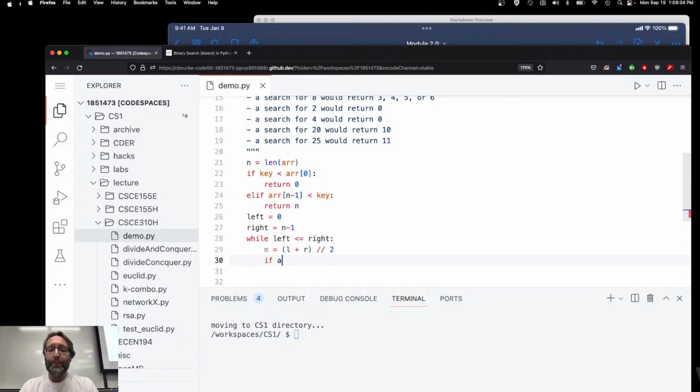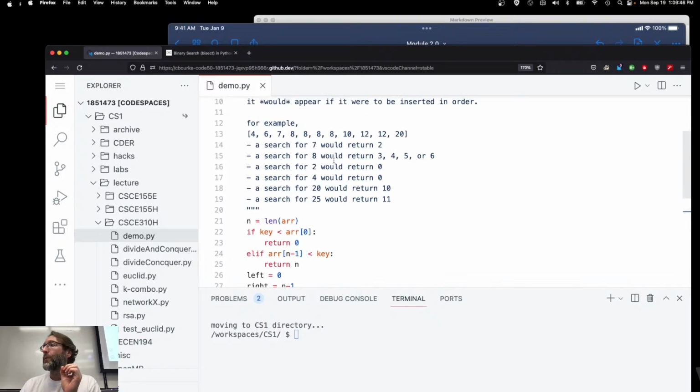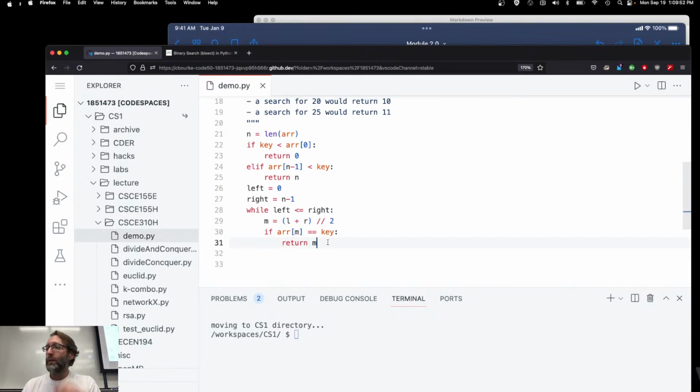That's integer truncation division that you're familiar with from most other programming languages. So if that's equal to your key value, then return m. I just have to return an index at which I find it. Again, if I've got multiple 8s here, then it could return 3, 4, 5, 6, doesn't matter.